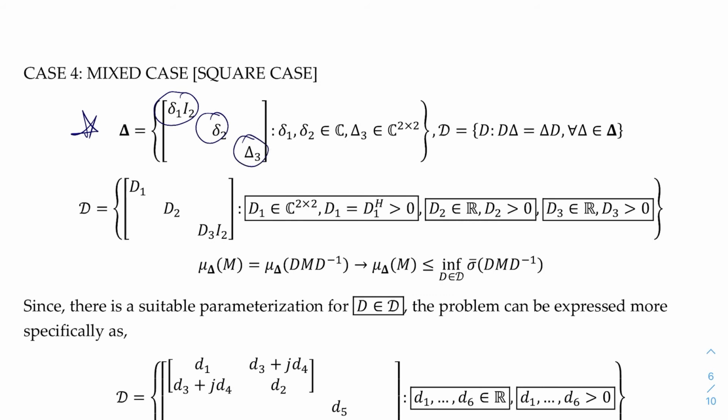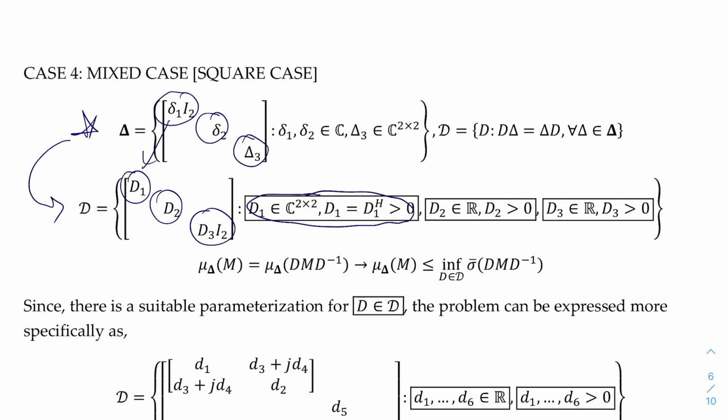We have 3 subblocks, and for that the corresponding D set will also have 3 subblocks. Let's look at them one by one. For repeating diagonal uncertainty, D1 is a Hermitian full matrix.